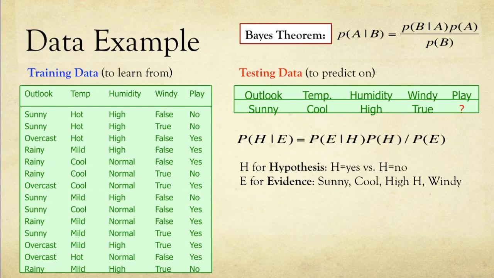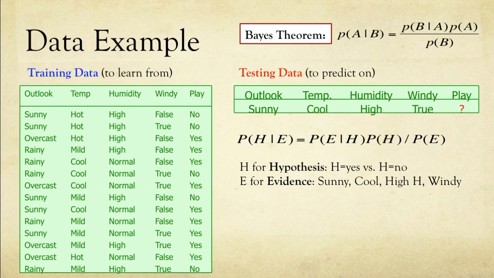By H, we mean hypothesis: the hypothesis about whether the game will be played or not. We have two sides of the hypothesis, yes or no for the play attribute.